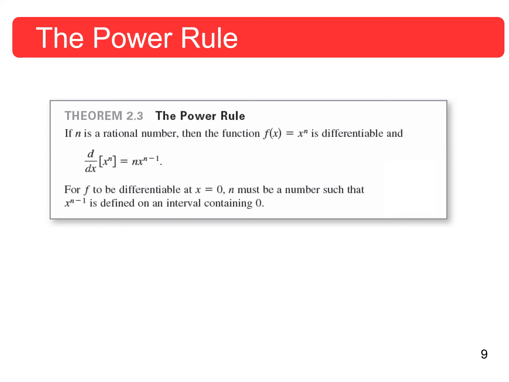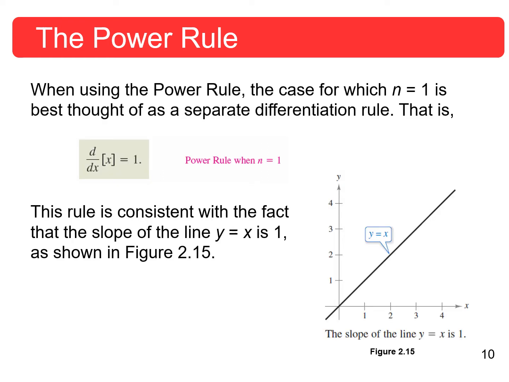And for f to be differentiable at x equals 0, n must be a number such that x to the n minus 1 is defined on an interval containing 0. Also, when using the power rule, the case when n equals 1 is best thought of as a separate differentiation rule. That is, the derivative of x with respect to x is equal to 1, and that is actually the case when n is equal to 1.